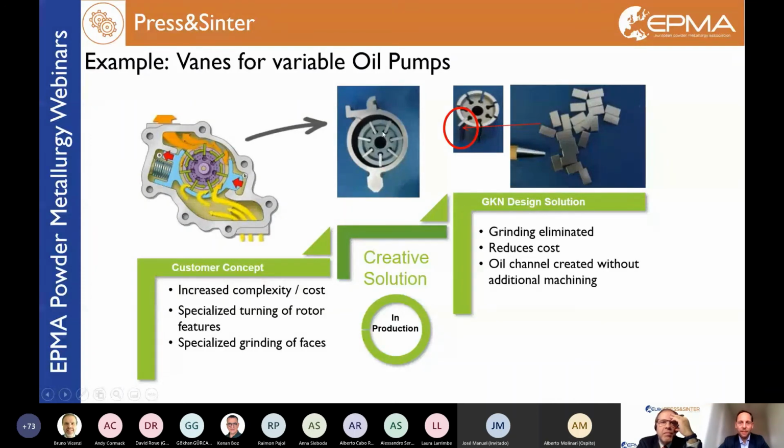The PM vanes in the past were made from sheet metal, full steel, with heat treatment and fine grinding, but we were able to convert this into full PM vanes. They are just pressed, sinter hardened, and deburred, and so we don't need any fine grinding here as well. We are delivering millions of the parts each year.